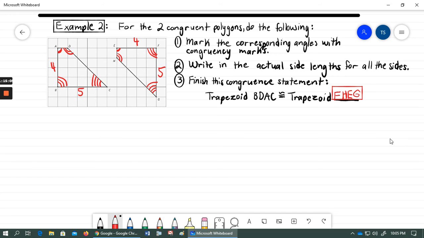The shorter horizontal side clearly only has a length of 1 unit. Let me write that so it looks like a 1, so nobody thinks it's something else. So that one has a length of 1.